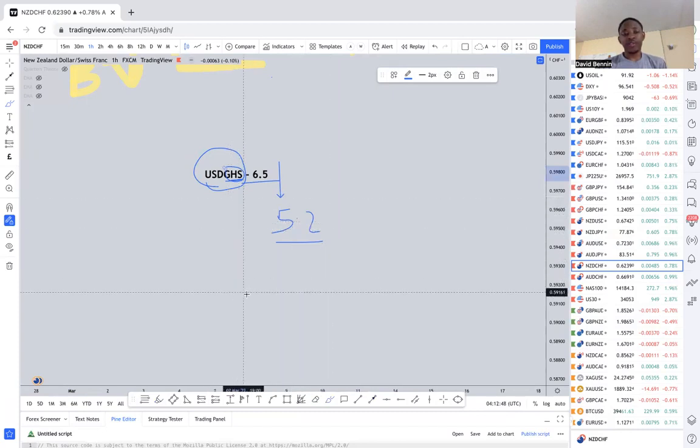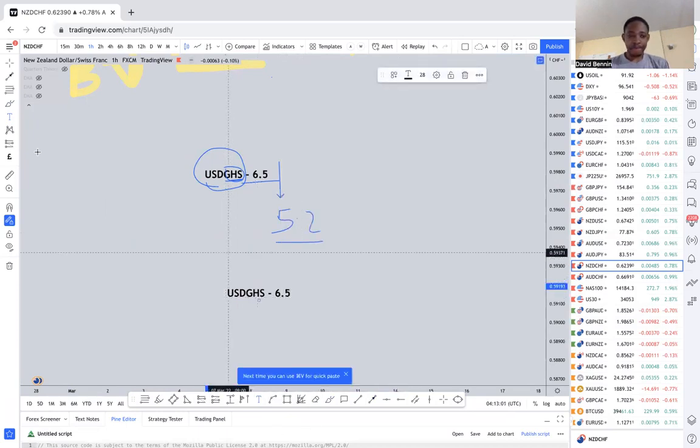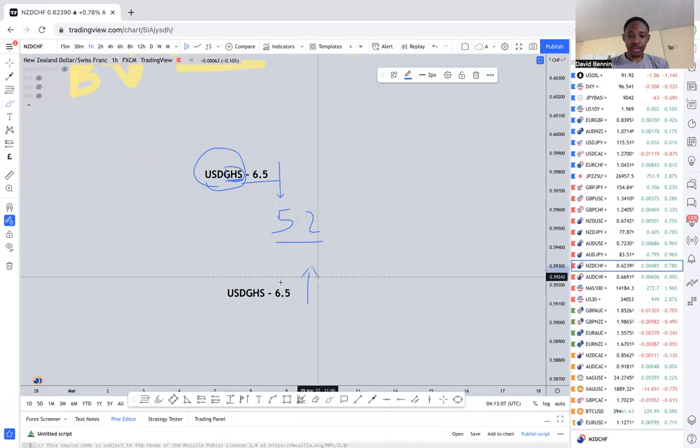But if you have the same USD Ghana cedi 6.5, right? And then the rate pushes up from 6.5, like you wake up tomorrow and they say the rate is now 7.2.